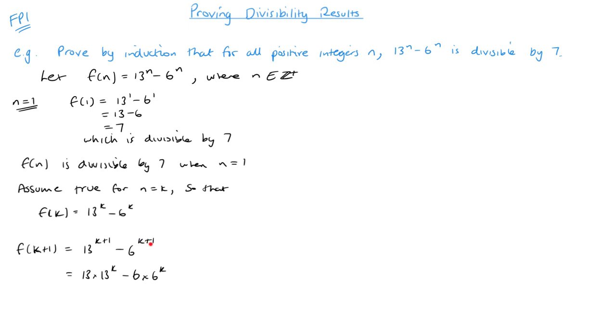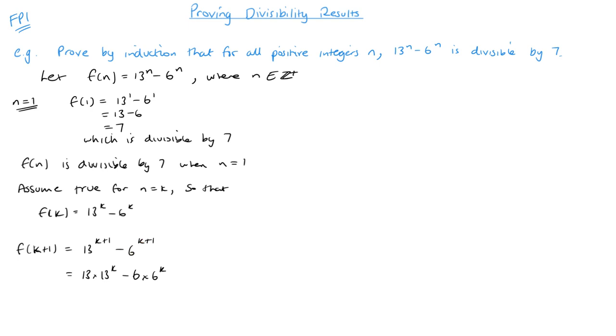Remember, I can split these up because of your laws of indices, this is 7 because it's 3 plus 4, isn't it? So I can split them up, 6 to the power k, times 6 to the power 1.